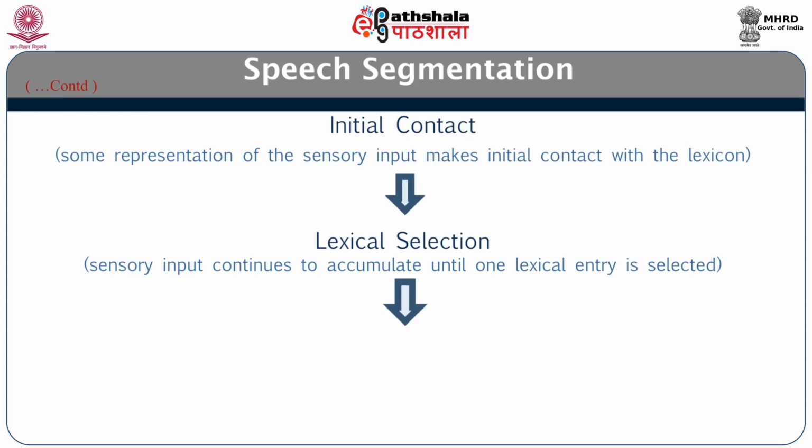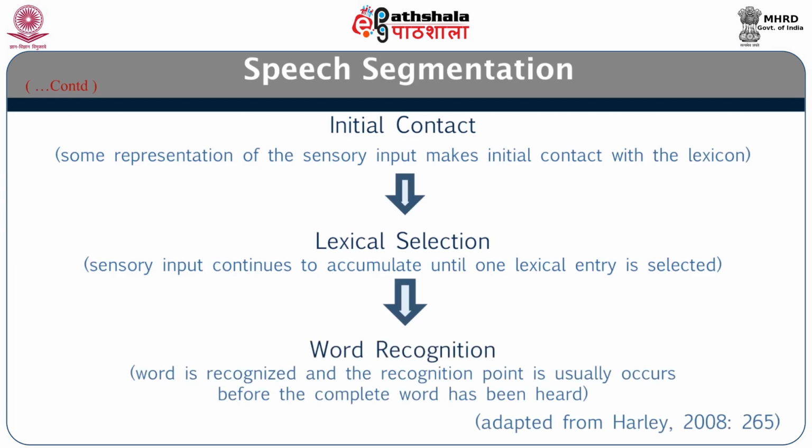Remember, I said speech is incremental, so it comes in bits, one bit, the next bit, the next bit. As you're getting bits, you can also predict what will follow, because some possibilities are ruled out. So the sensory input continues to accumulate till one lexical entry is selected. Finally the system zeroes in on one thing, like we did with the example with ka, e, and o.